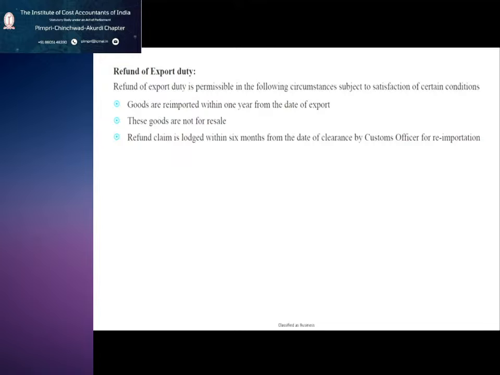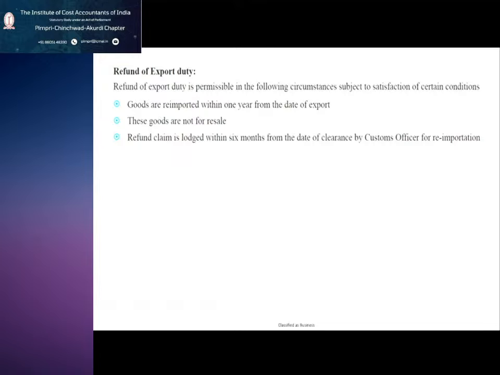Goods are re-imported within 1 year from the date of export. So I have exported all my products, say some 25,000 mobiles from my factory in Maharashtra. Because of some issue, the goods have been re-imported within 1 year from the date of export.